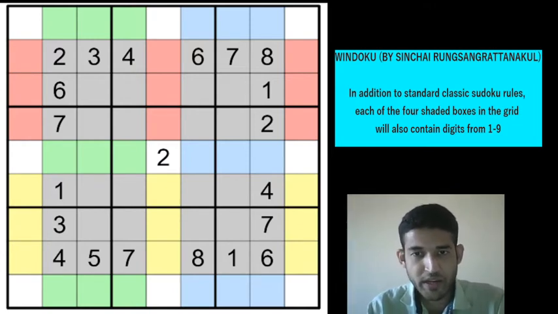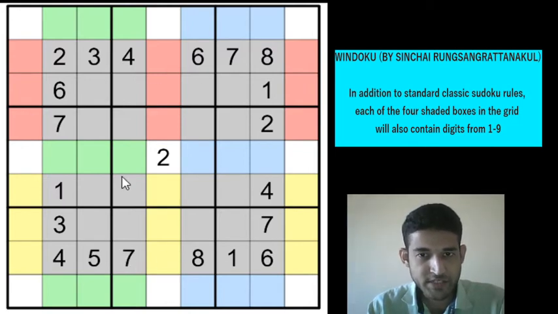Now the one more hidden trick is that we have separated the regions into 8 sets of 1 to 9, right? There are 2 boxes which contain 1 to 9 and the green cells which contain 1 to 9, that makes it 5 sets of 1 to 9, and the blue cells make it 6 sets of 1 to 9, and the red and the yellow add 2 more to the tally and we have 8 sets of 1 to 9.